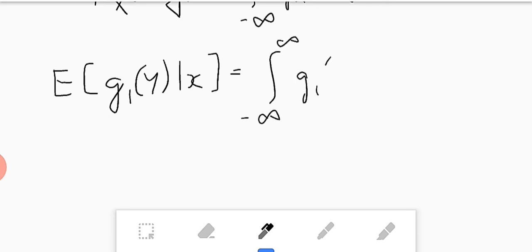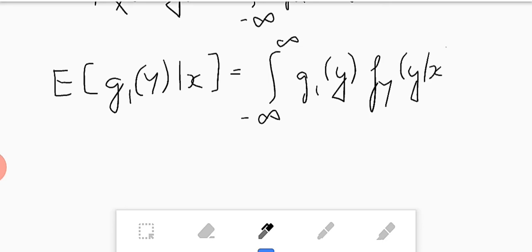Along with g1 of y, you use the conditional PDF for variable y in the equation, and this is dy because this is with respect to variable y, and the condition says the event b, capital X, is equal to small x point.